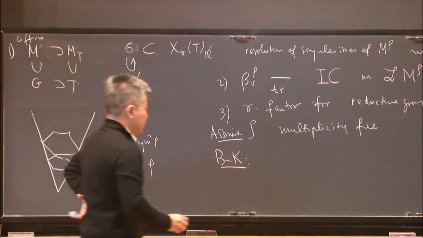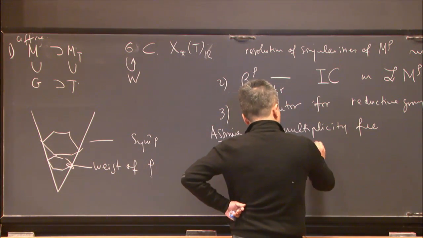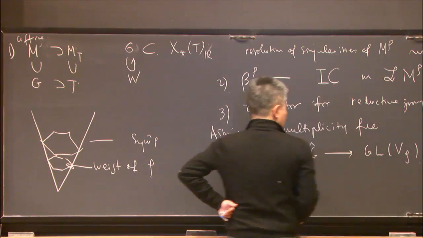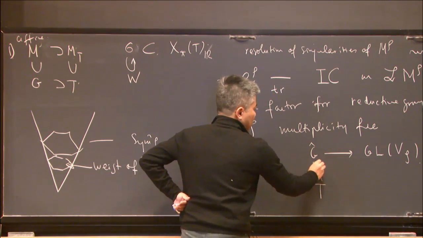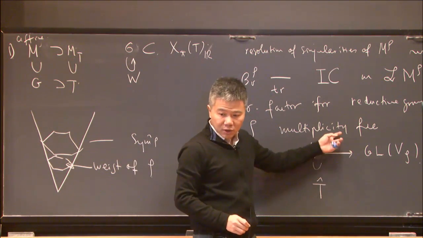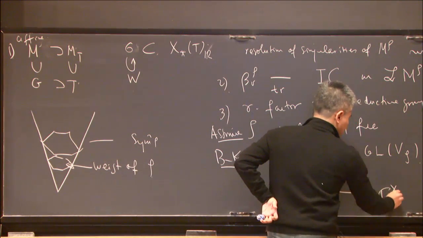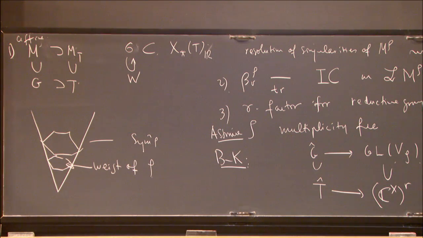Okay, so we have G hat going to GL(V_rho). Then you restrict it to T hat. And now, because of multiplicity free, we have a canonical map into (C star)^R.